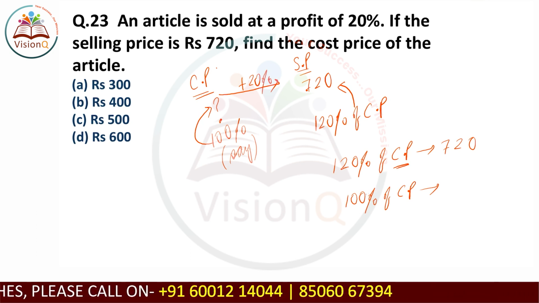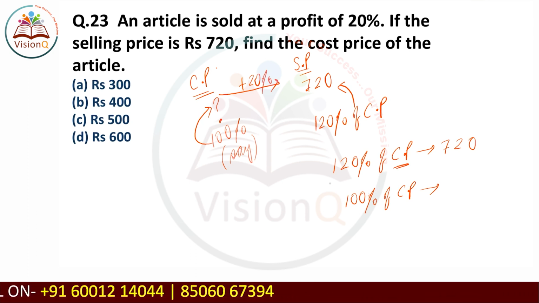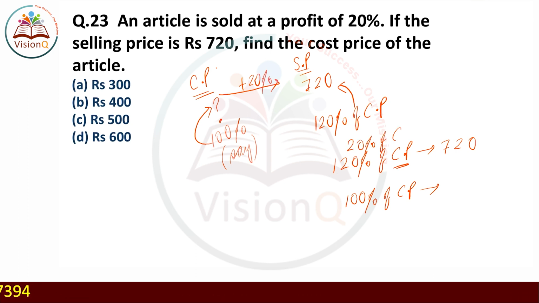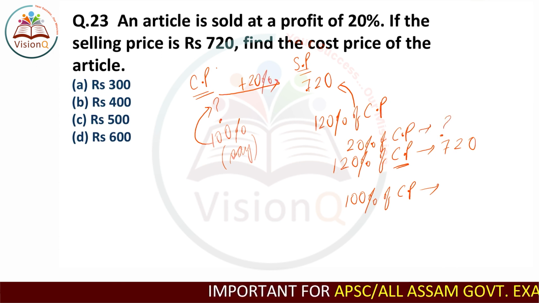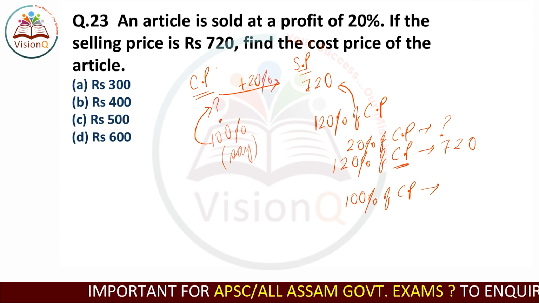If it were told to find the profit only, then I would just need to find 20% of the cost price, because we know 20% is the profit. Now since it is asked to find the cost price, just find 100%.